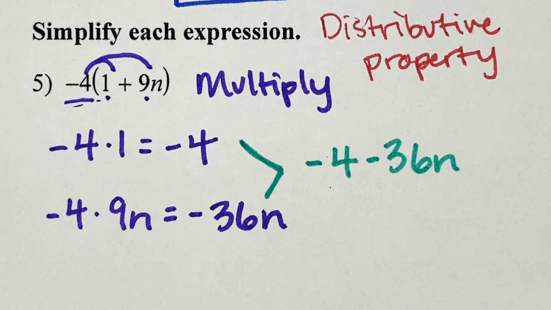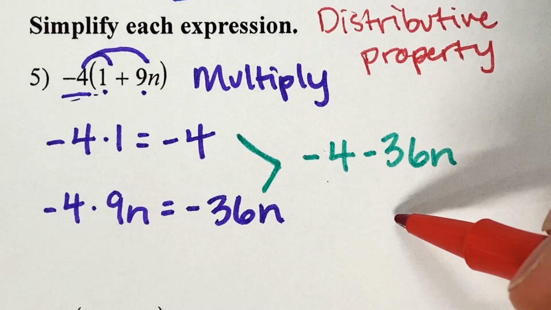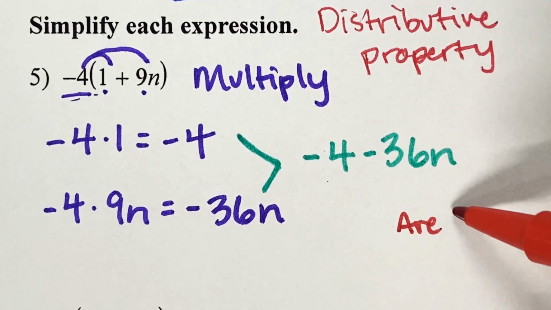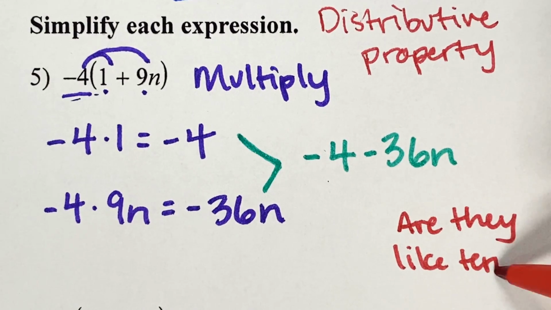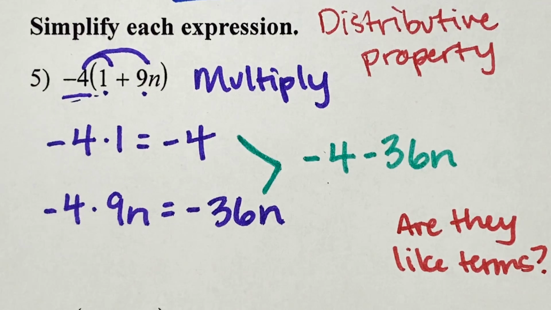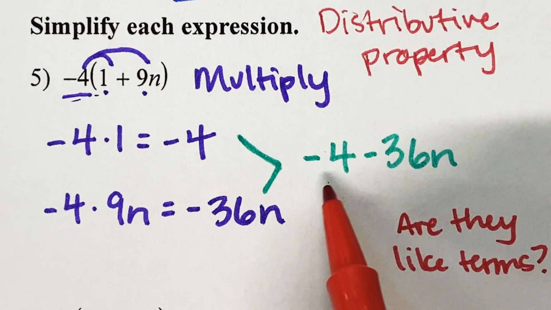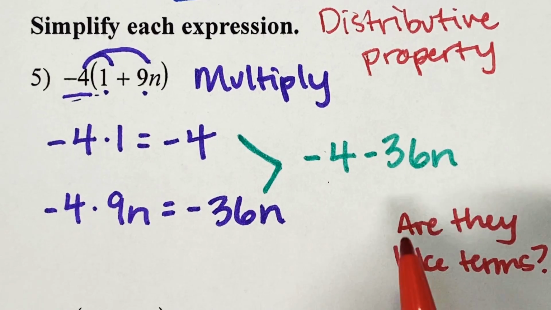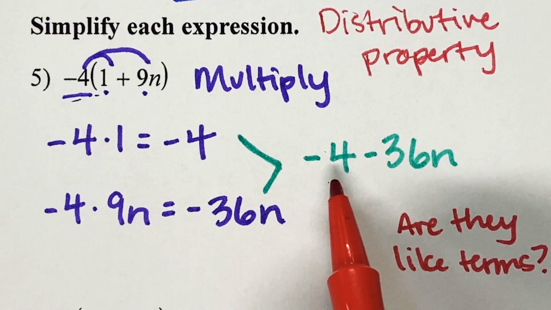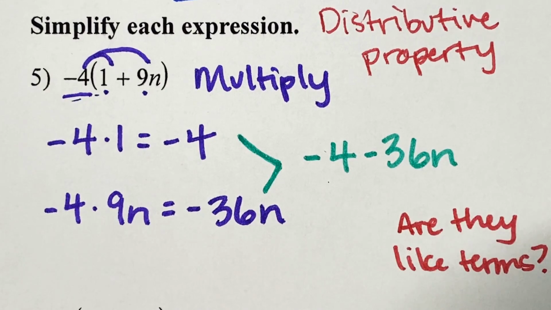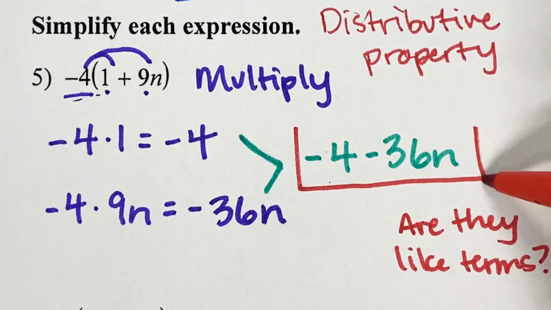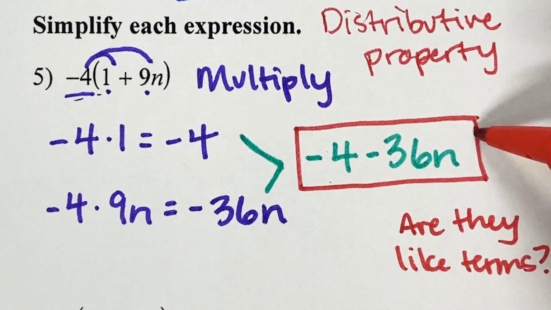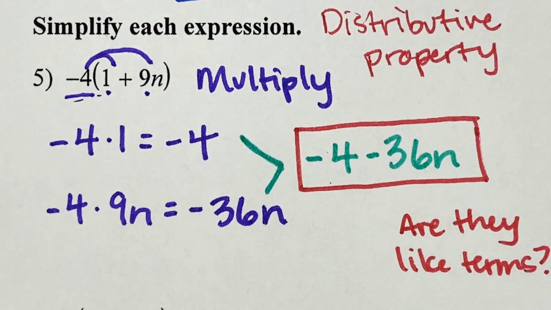Once we've combined them, we have to see, are they like terms? If they are, then we need to simplify some more. But look at negative 4 and negative 36n. One has a variable and one does not. So are these like terms? No, they are not. So our simplified expression is just negative 4 minus 36n.